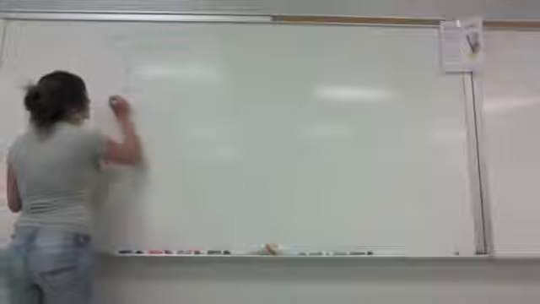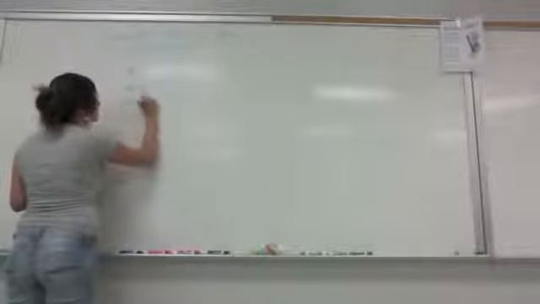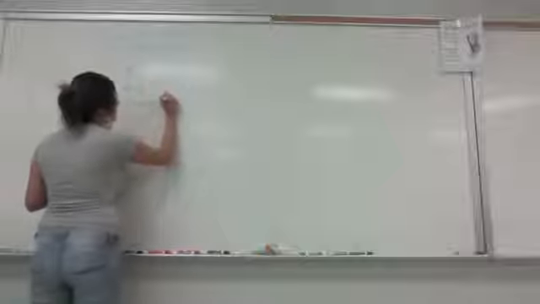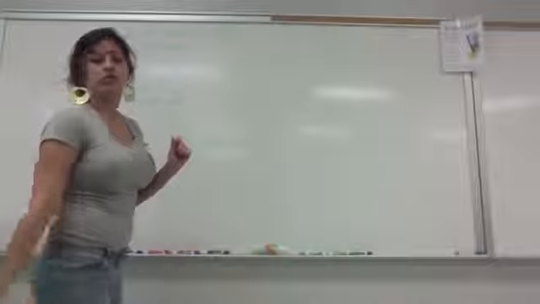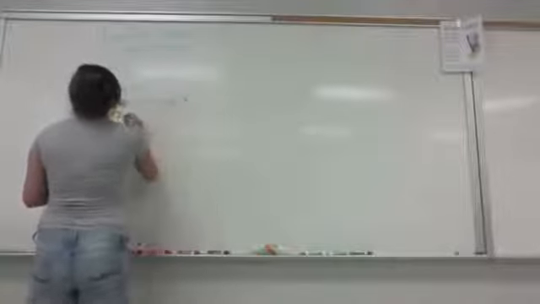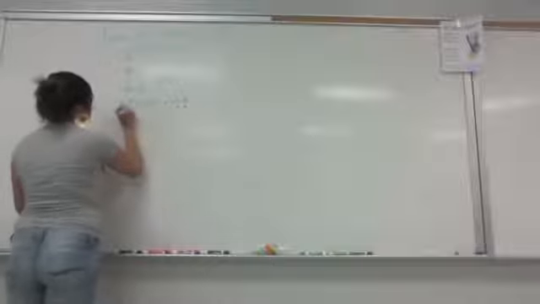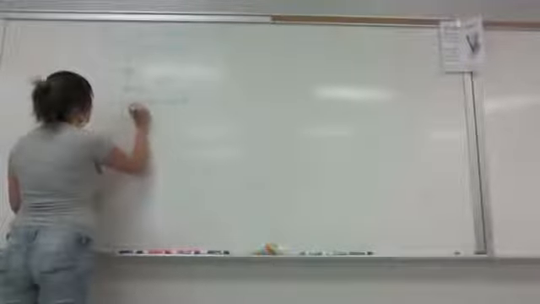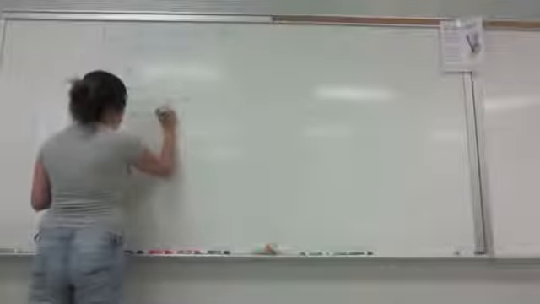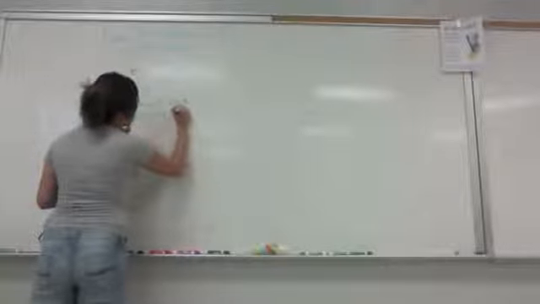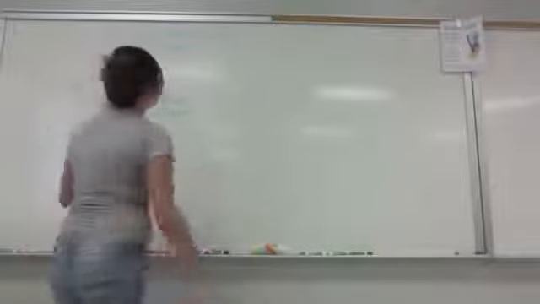So we're going to get 1 cubed plus 1 squared minus 1 plus 2, which equals 3. Since that is 3, that's not one of our zeros, so we're going to use negative 1 cubed plus negative 1 squared minus negative 1 plus 2, which equals 1.